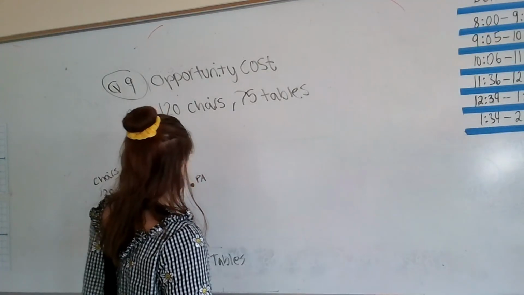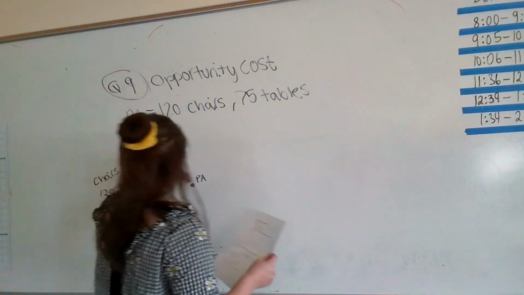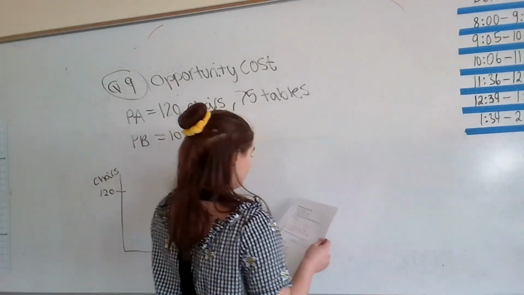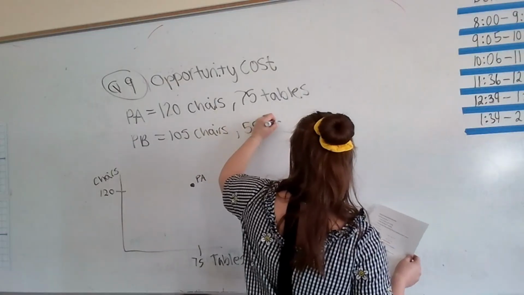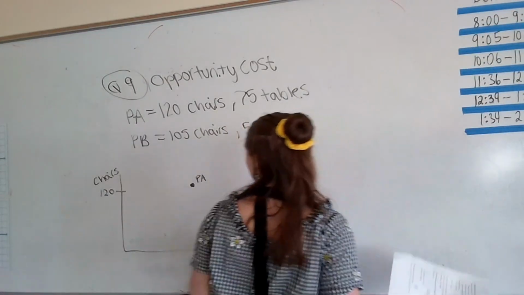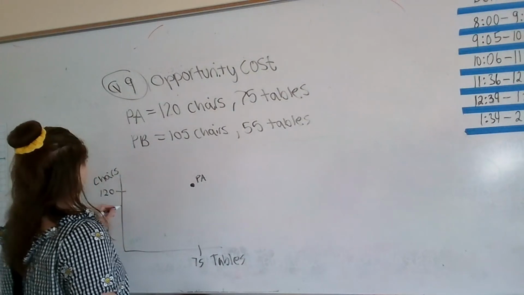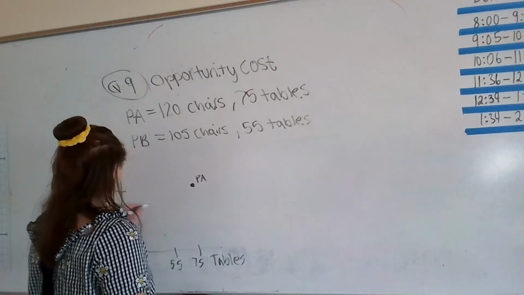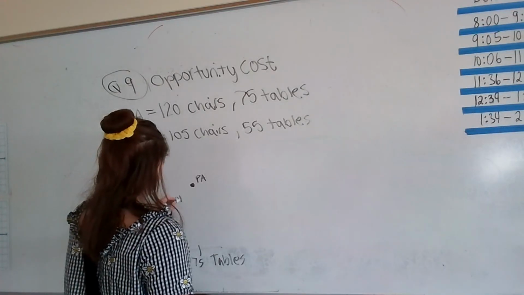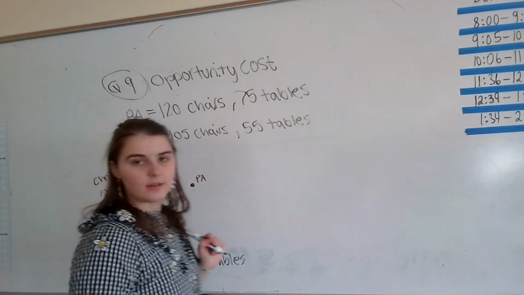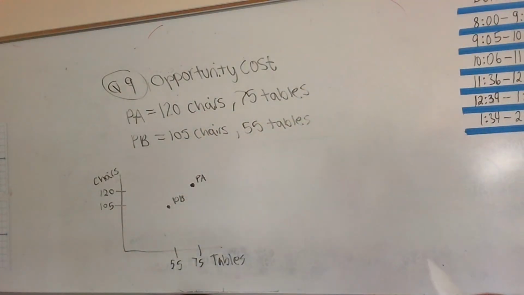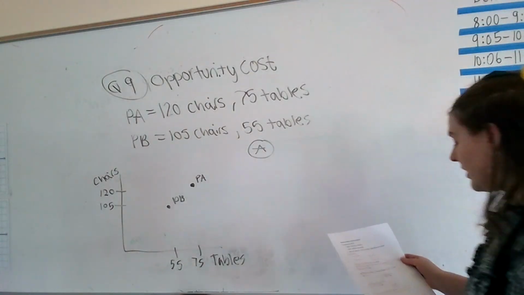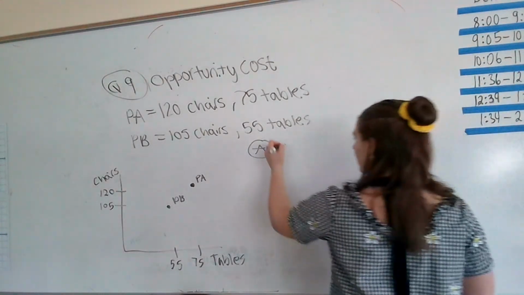This is point A. At point B, we do 105 chairs, and we do 55 tables. So at point B, 105 and 55. We need to figure out, for our first question, what is the opportunity cost of producing 15 more chairs?